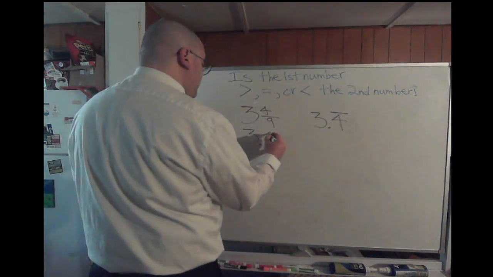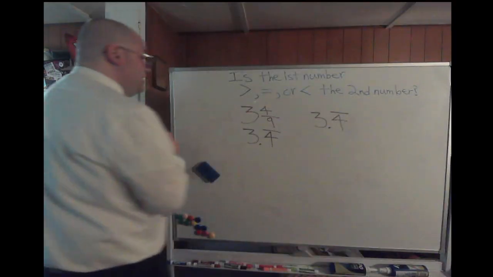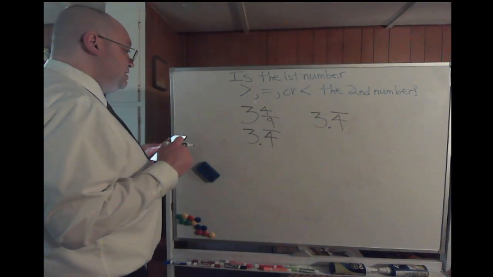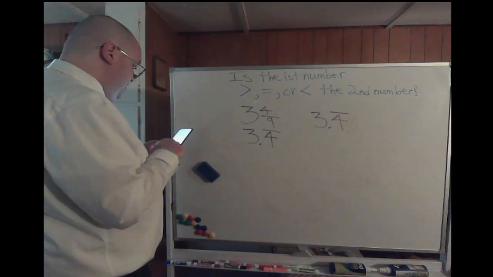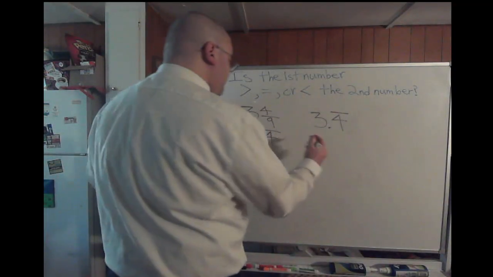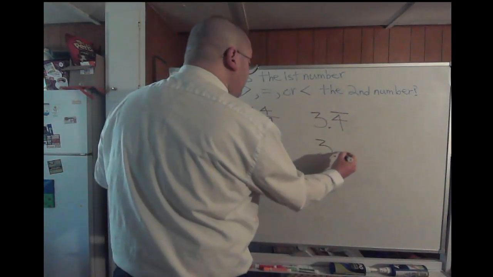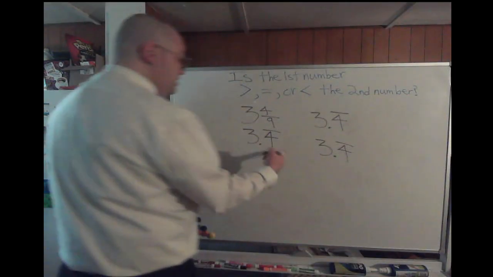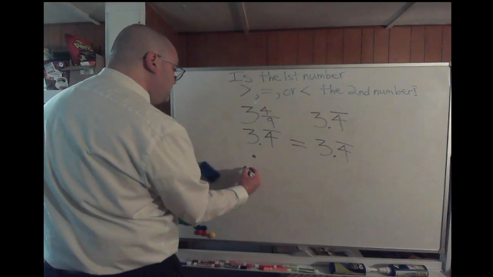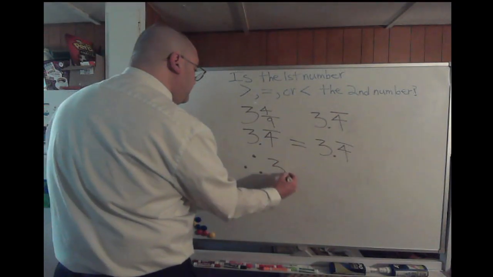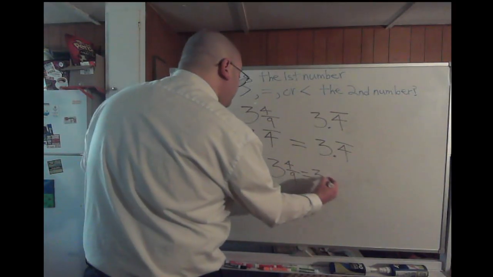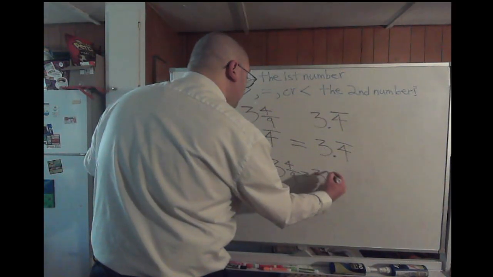I'm pretty sure that's 0.4 repeating. Let me double check myself. Well, what do you know, it is. So then you have 3.4 repeating and 3.4 repeating, which clearly shows these are equal. So therefore, 3 and 4/9 is equal to 3.4 repeating. Boom.